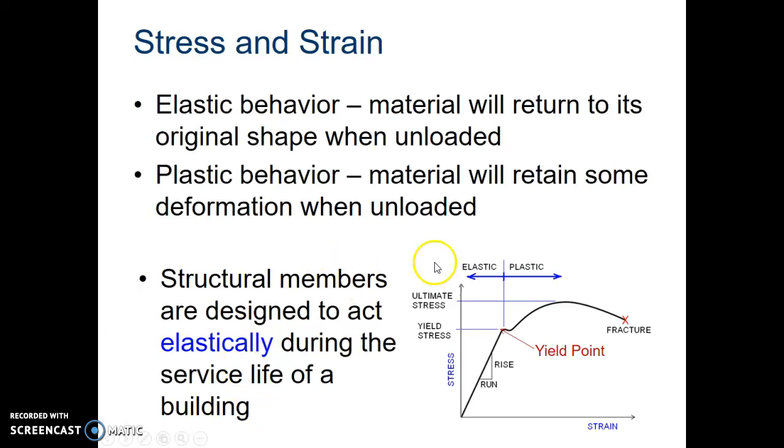So when we look at this little chart here, to the left of the stress point, the yield point right here, is the elastic region of this piece of steel. To the right is the plastic behavior of the material, and that will go until you reach the fracture point of the material. Structural members are designed to act elastically during the service life of a building.